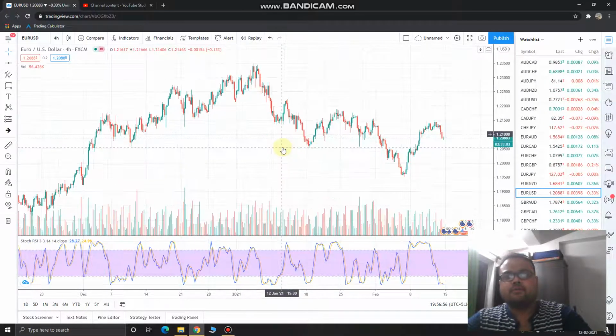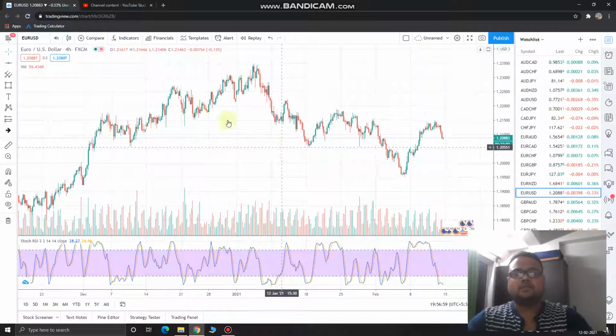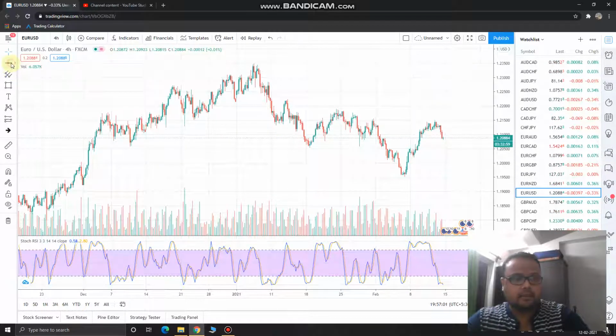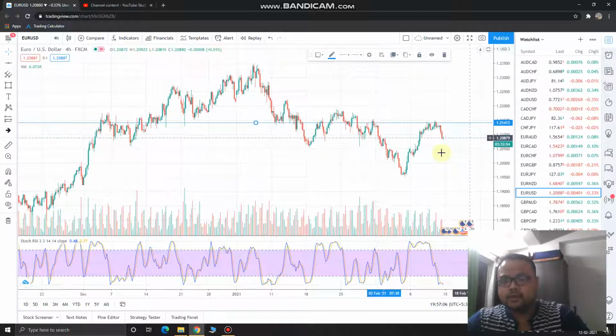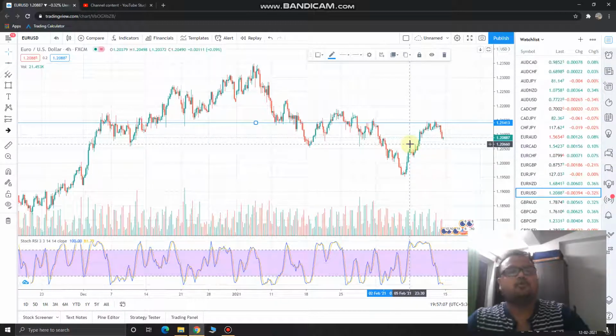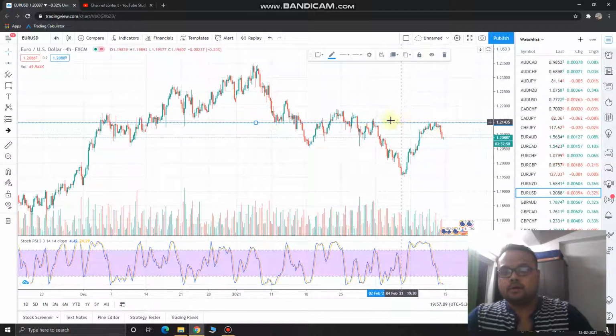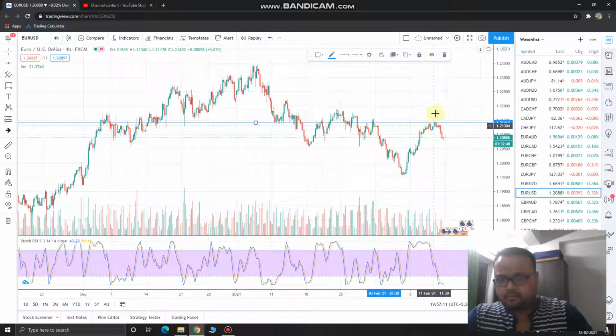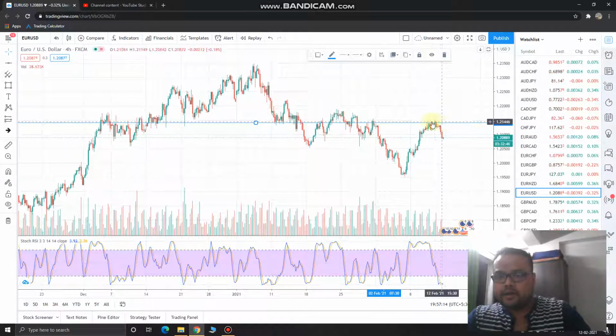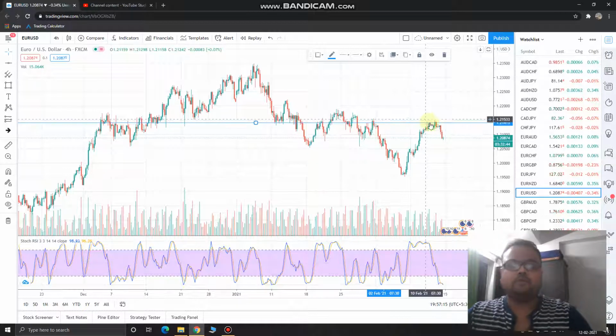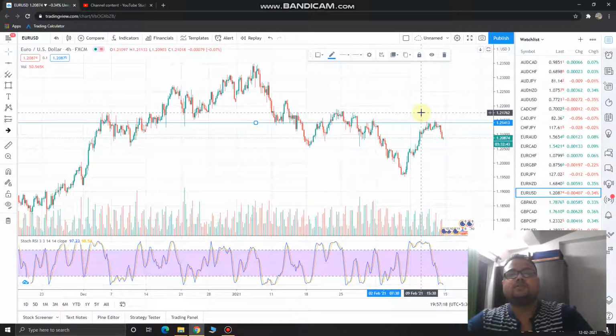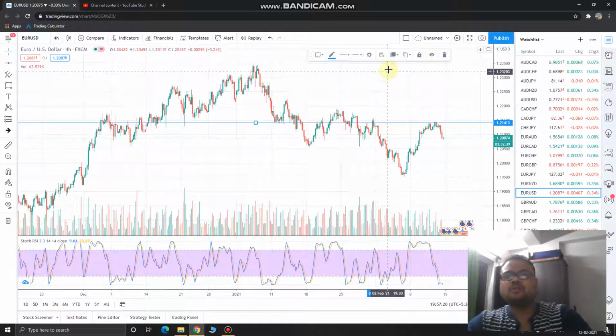Yes, we get the resistance. 1.2141, this particular territory will be the resistance zone for us, and this will be the second resistance zone, and this will be the topmost resistance zone.